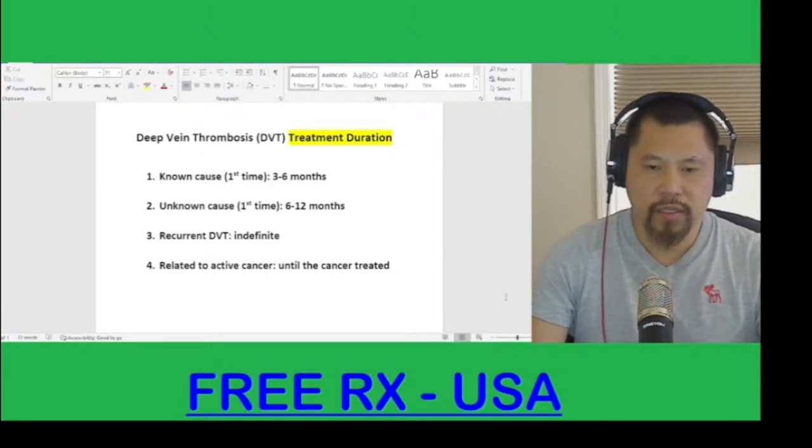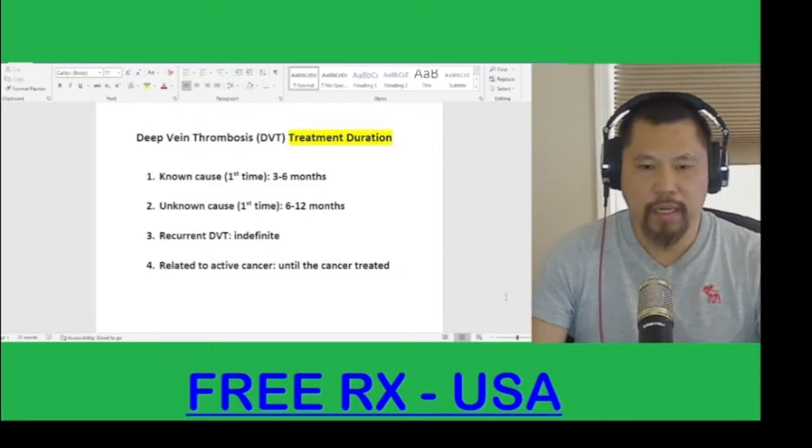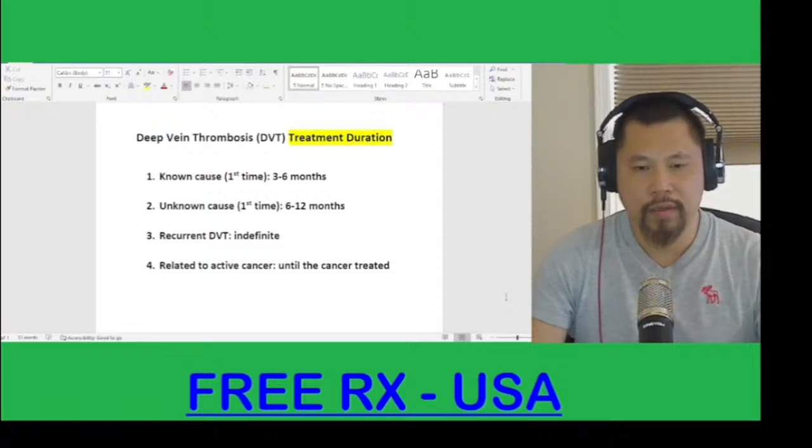If you have a second-time blood clot, or recurrent blood clot in your leg, you take a blood thinner medication indefinitely, for the rest of your life.